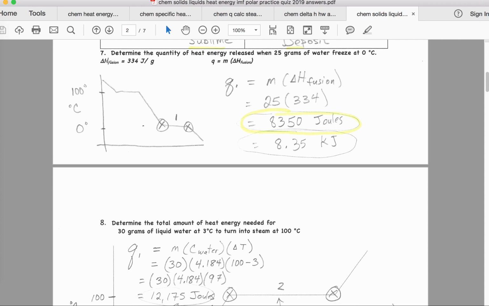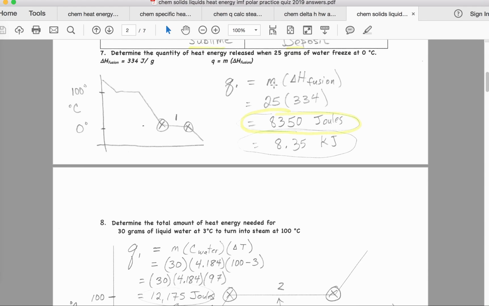To help you on the quiz, I will have a little sketch of this graph. I'll want you to recognize that you're staying at 0, so the water goes from a liquid here, and then it freezes, and then it's totally solidified there. So it's just one section of the graph I'm moving through. There is no delta T.